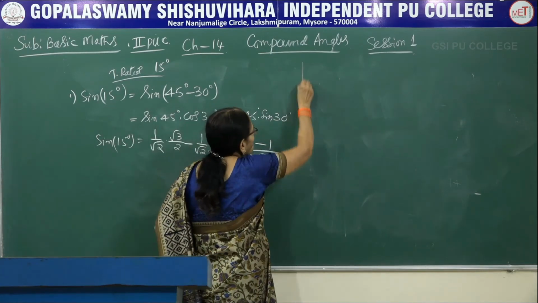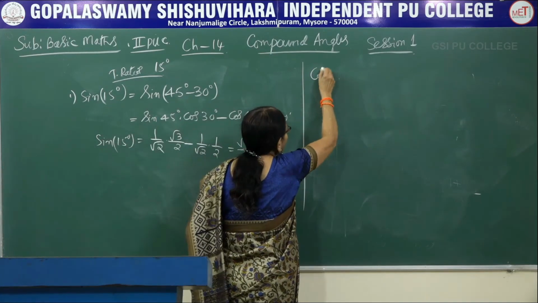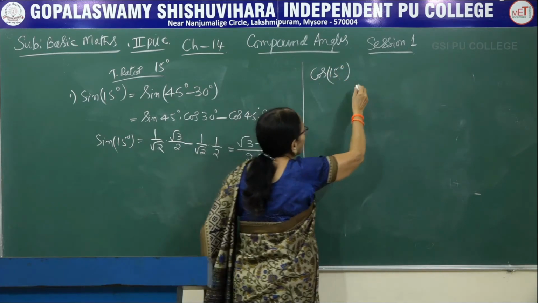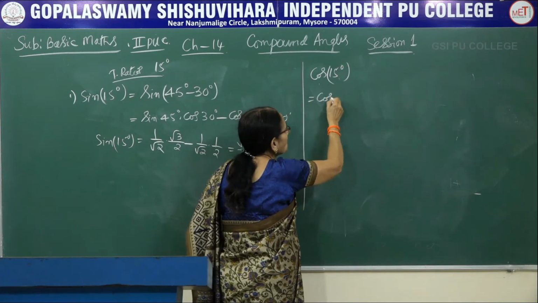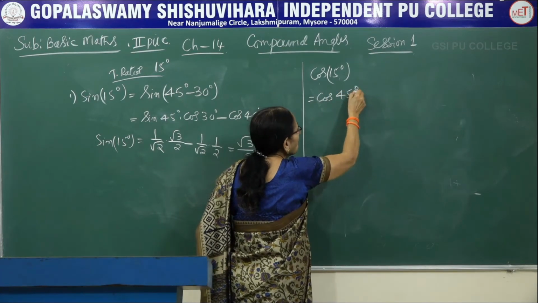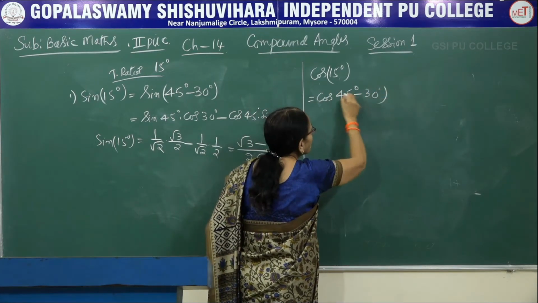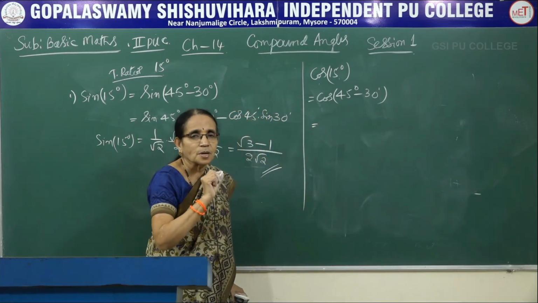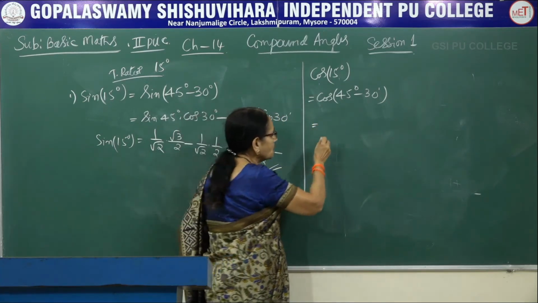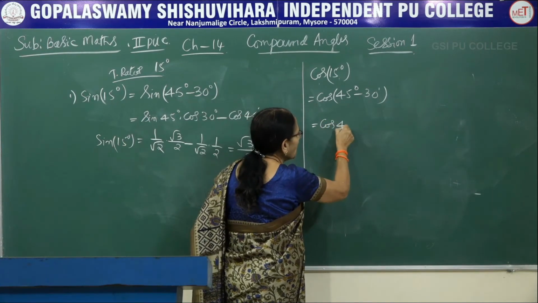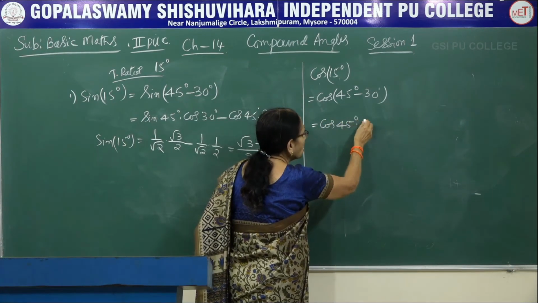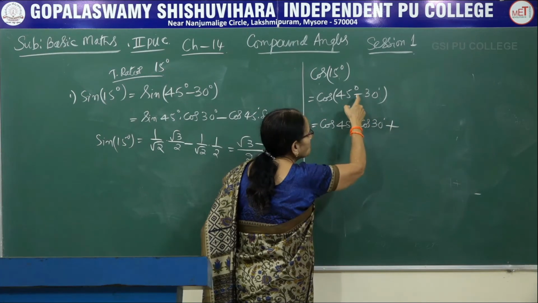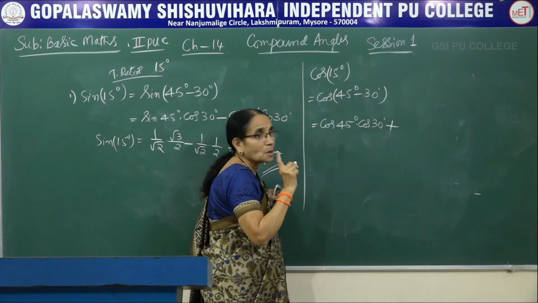Now let me move on to the next trigonometric ratio of the same angle, cos 15 degrees. How do you write this one? The same procedure, 45 minus 30. Which formula am I using? Cos of A minus B formula, that is the difference of the angles. So cos A into cos B. Here remember, when minus is there, this becomes plus.